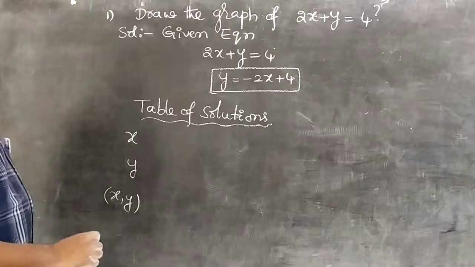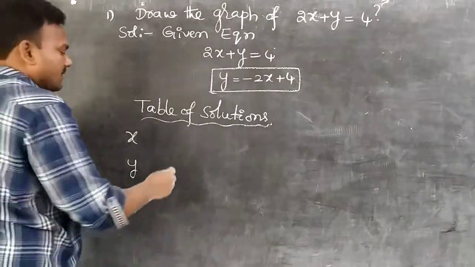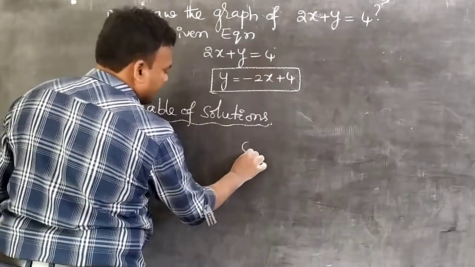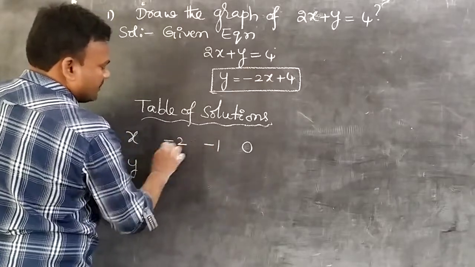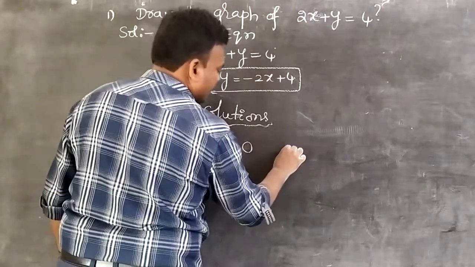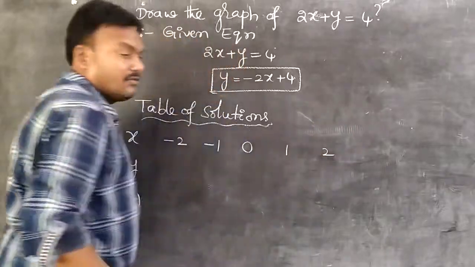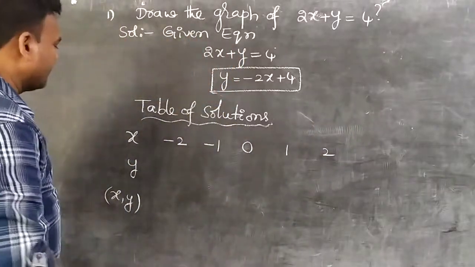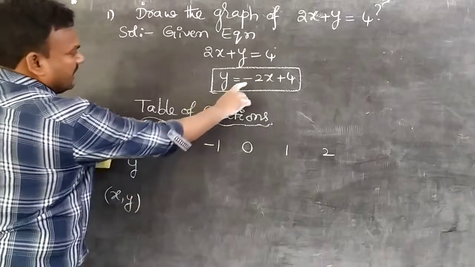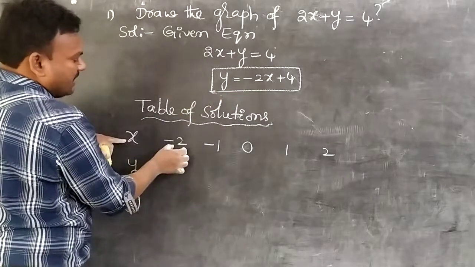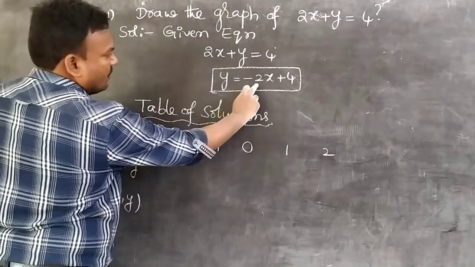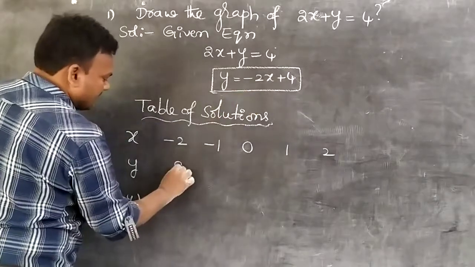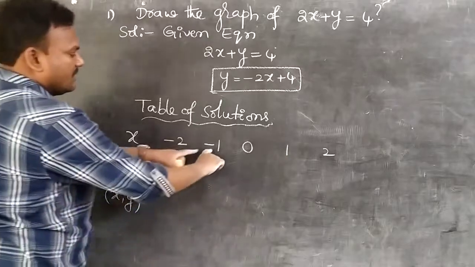Exactly in the middle take 0. On the left side take two values, minus 1 and minus 2, and on the right side positive values 1 and 2. Next, observe. In the equation, substitute x as minus 2. Minus 2 into minus 2 is 4, 4 plus 4 is 8.